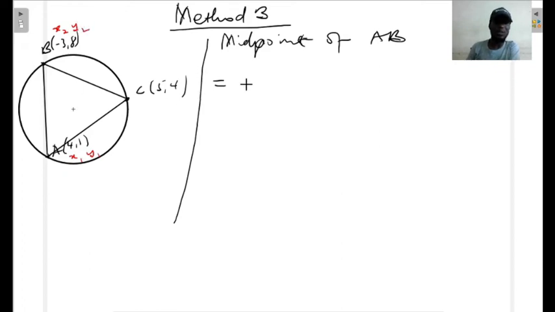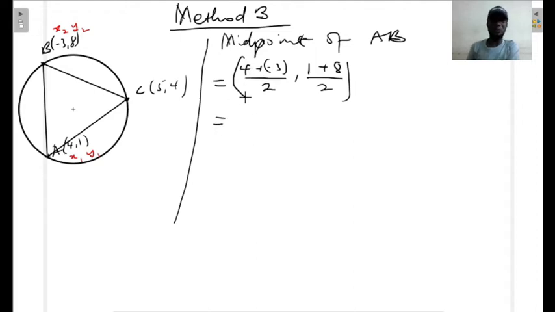So the midpoint becomes x1, which is 4, plus negative 3, all over 2. Then the y coordinate will be y1, which is 1, plus 8, all over 2. And that is going to give us 4 plus negative 3 will be 1, divided by 2 is 1/2.